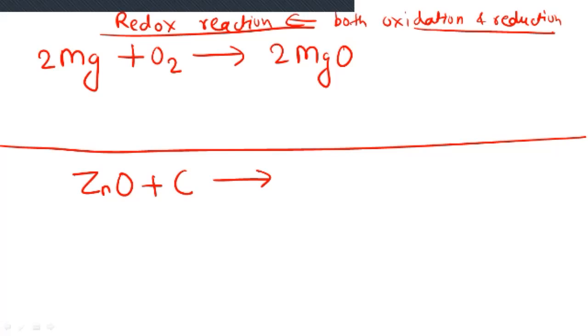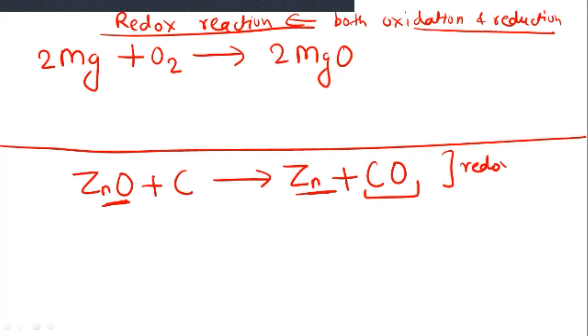Okay, so zinc gets separated and carbon monoxide is forming. मतलब जिंक को हमने यहाँ पर ऑक्सीजन के साथ रिएक्ट कराया, उसमें फिर कार्बन के साथ रिएक्ट कराया, तो जिंक, कार्बन मोनोऑक्साइड is forming here. So you can see here what is happening. यहाँ पर रिमूवल ऑफ ऑक्सीजन हो गया. So that is removal of oxygen is what, reduction. और इसमें ऐड हुआ है, तो this is oxidation. So this is another example of redox reaction.